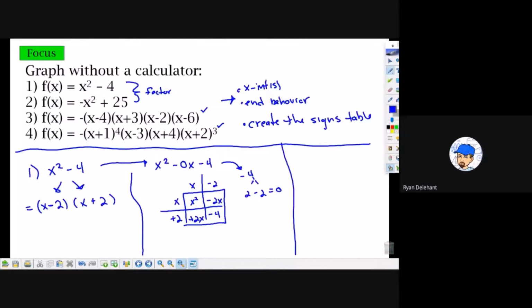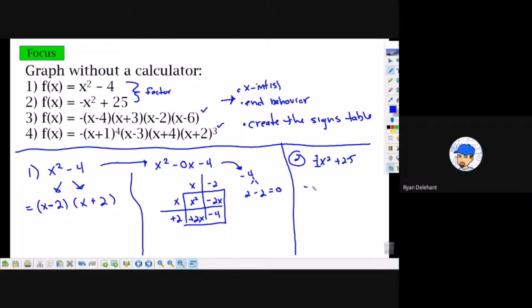If we look at number 2 before we move on, so we can write it there, we get negative x squared plus 25. And we have an initial want to, hey, that's the difference of squares. But is that really the difference of squares? It's not the difference of squares yet because those two things are adding. But we also have this weird negative out front. Now this is really a negative 1.